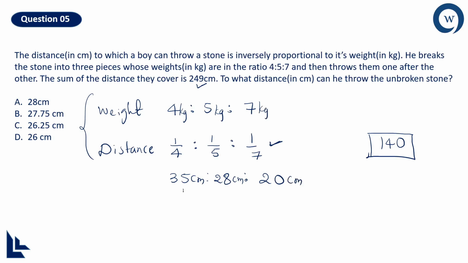And now if I add the distance traveled by all the 3 stones, I will get 35 plus 28, 63, plus 20 will be 83 centimeters. Total distance traveled is 83 centimeter, but in reality it is 249 centimeter.